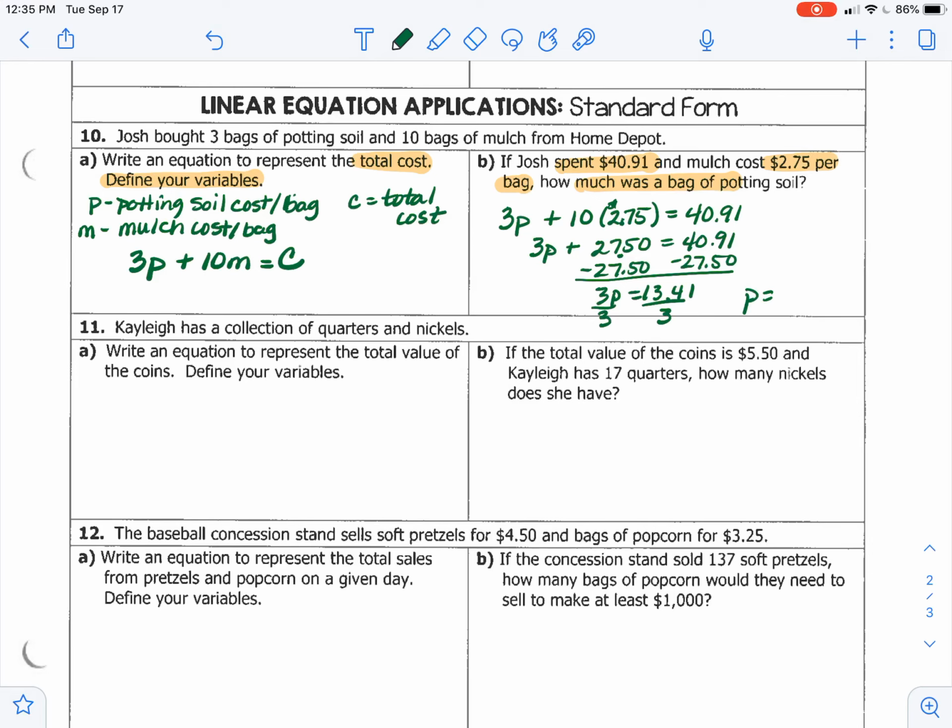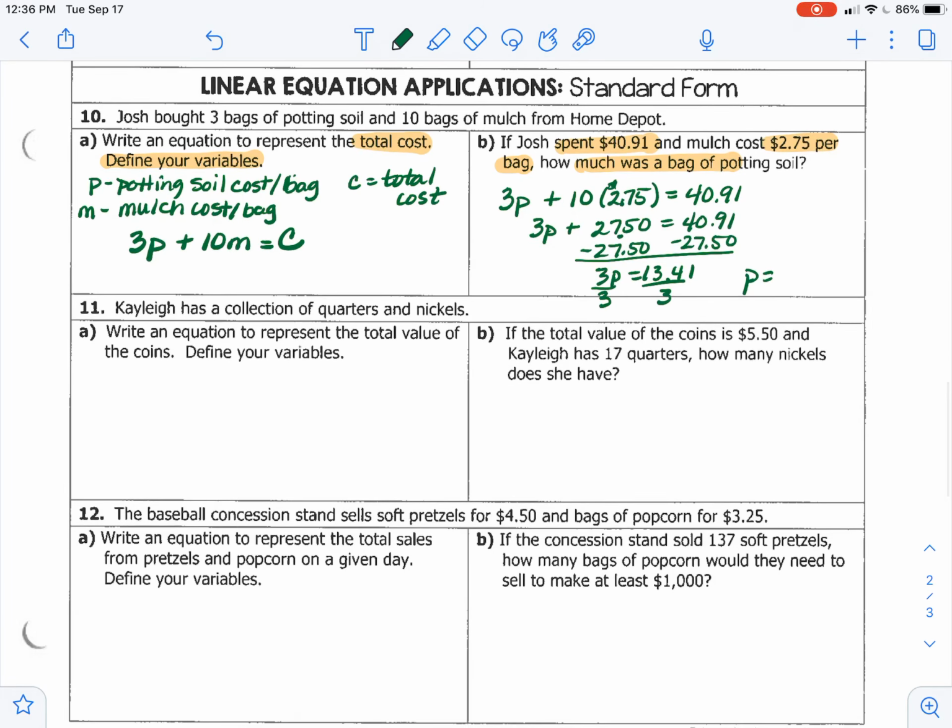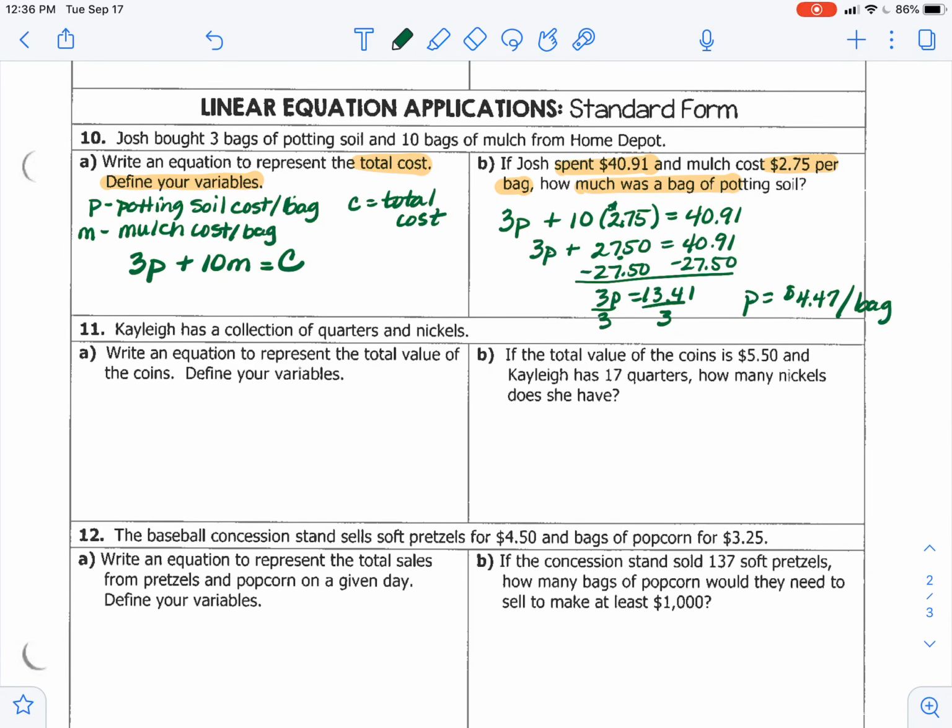So P equals that. I am going to run a calculator on it real quick. So we've got 13.41 divided by 3 is $4.47. Okay, per bag. And so how much was the potting soil?